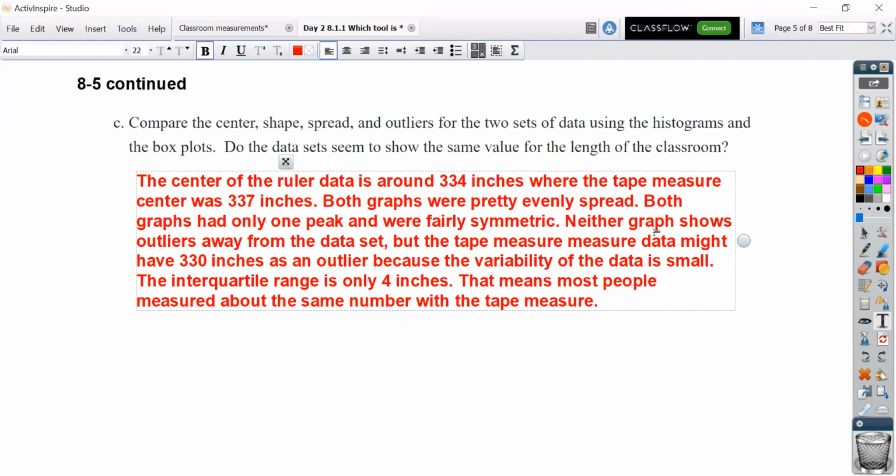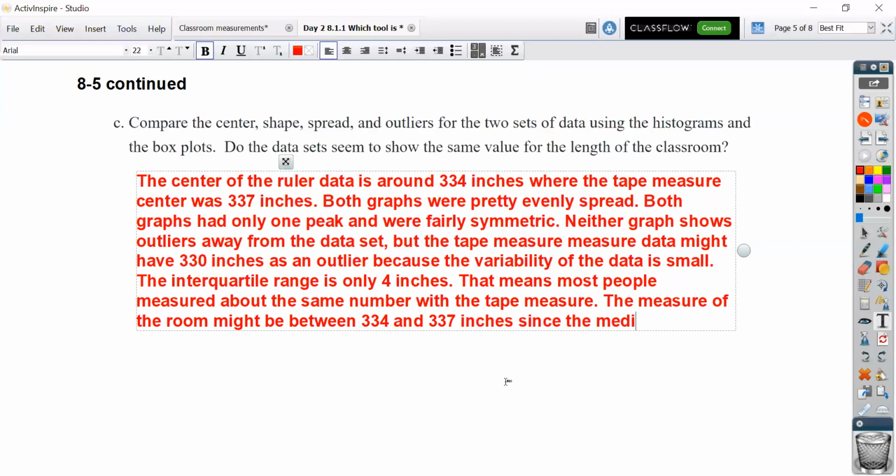I would say that if I had to pick a measurement for this room, I might say somewhere between 334 and 337 because the medians were so close. So the measure of the room might be between 334 and 337 inches, since the medians were so close.